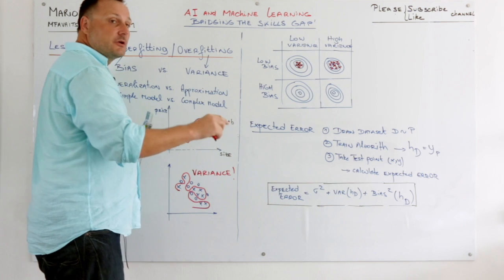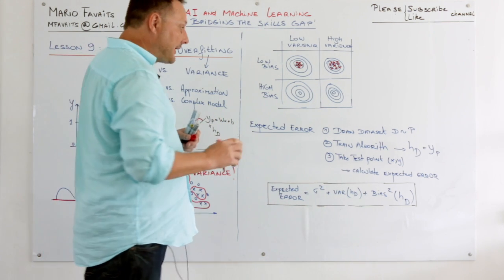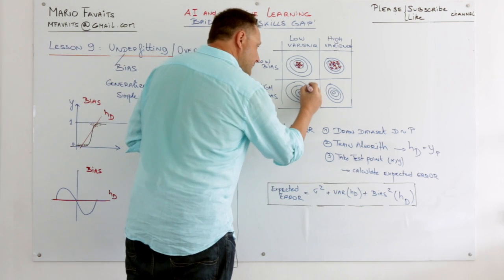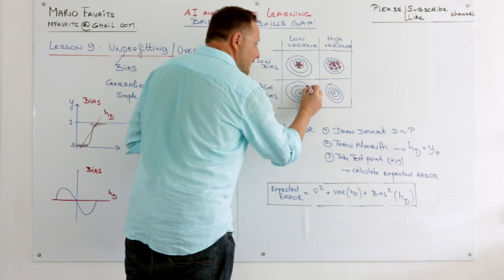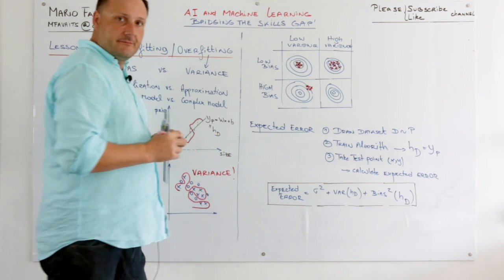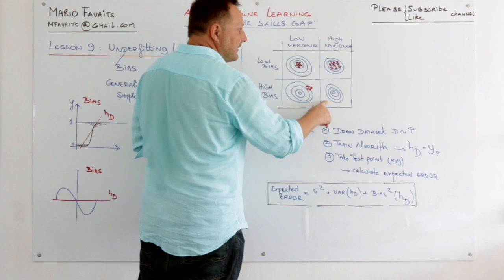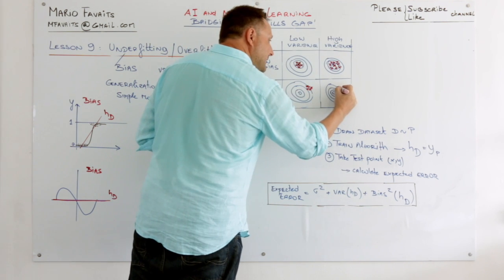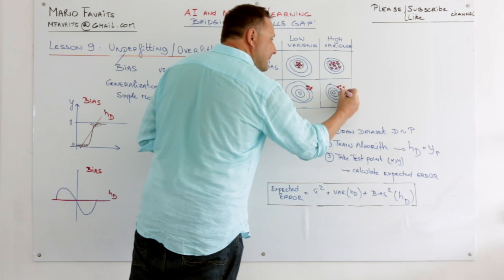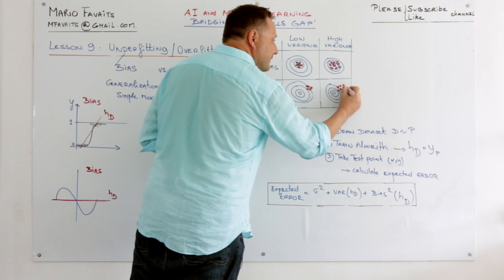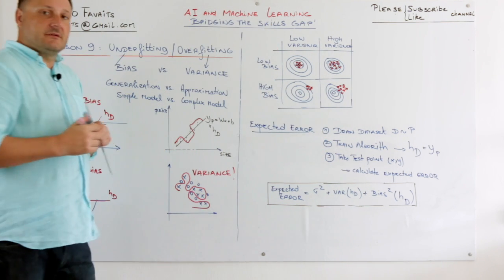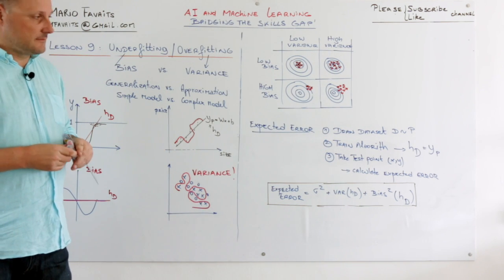High bias means you're off target, but variance is low, so your crosses are close to each other. High bias with higher variance means you're still off target, but there's a higher spread of the crosses. So this is the way you have to see it.